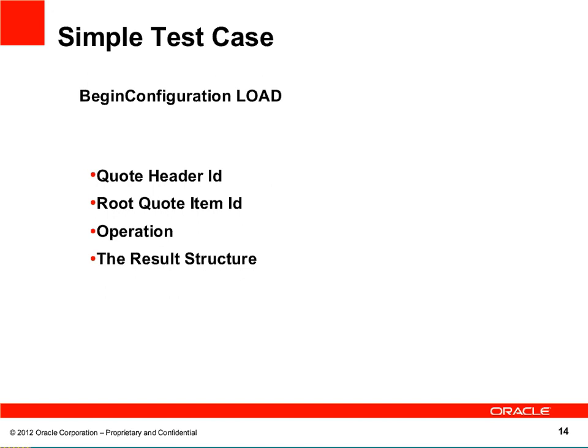Load means that we want to load a quote item from the database. So we need to specify the quote item, and there is not much to provide. It's the quote header ID, the root quote item ID, the operation we want to perform, the load, and how the result should look like.